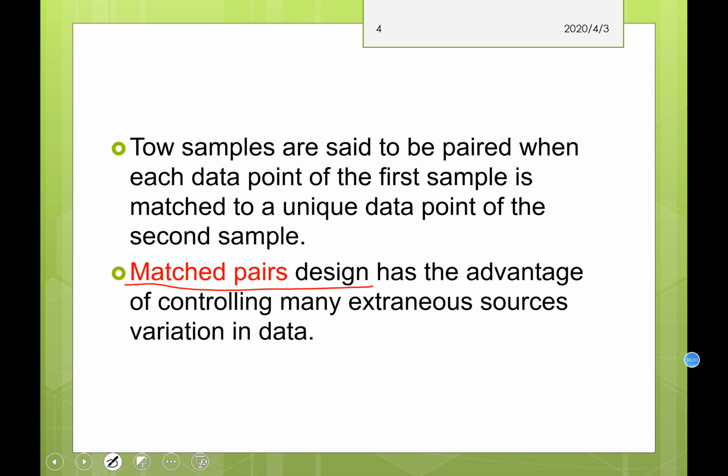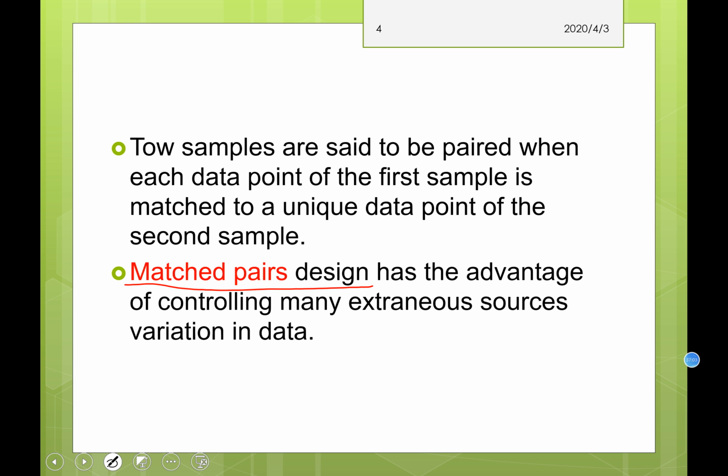We make some of the patients go into group 1 and the others go into group 2. That is design. If you use the matched method or the paired method, we call it matched pairs design. So for this kind of study design, we need to use a paired test.